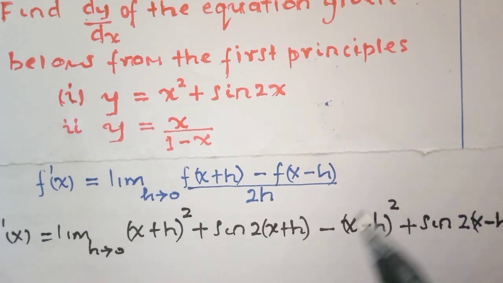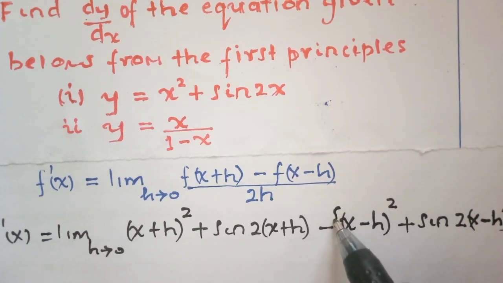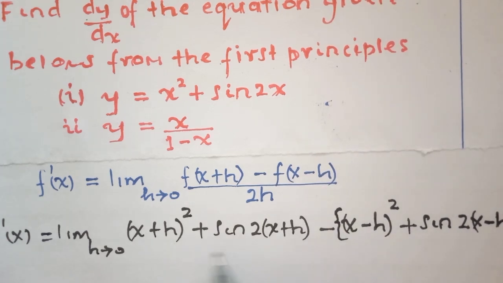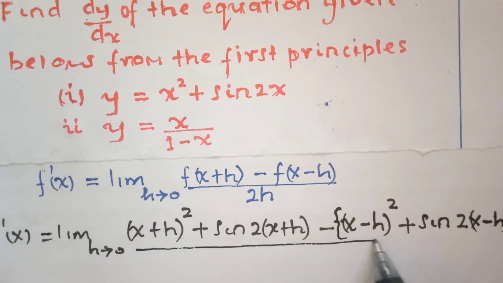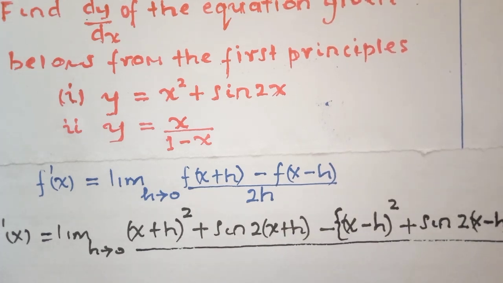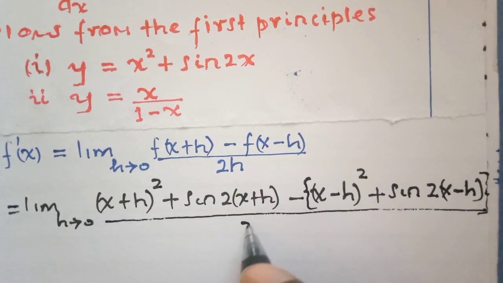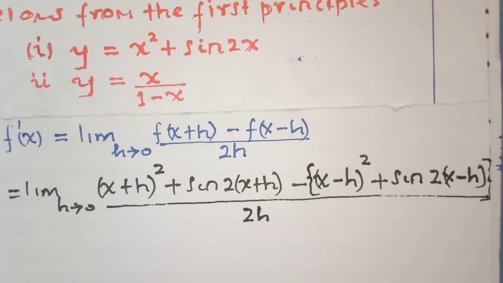So all of this, and here remember there is a bracket there. So all of this we divide by 2h instead. So now guys, we continue.